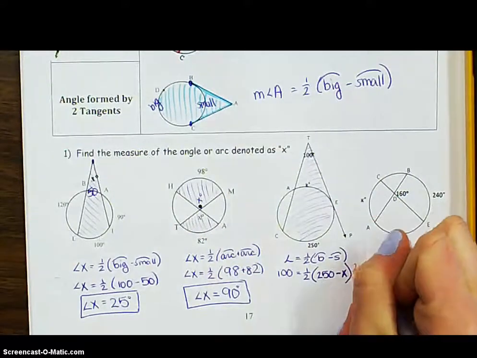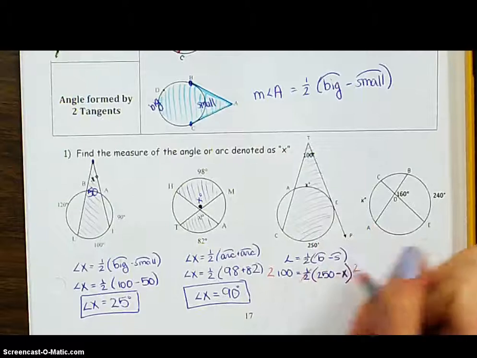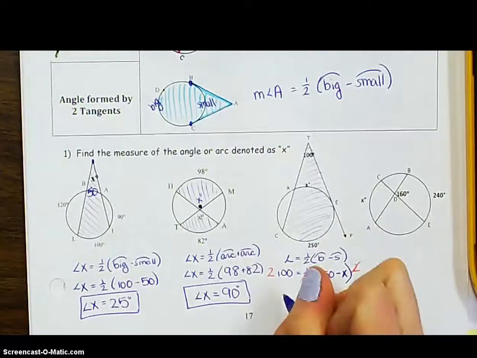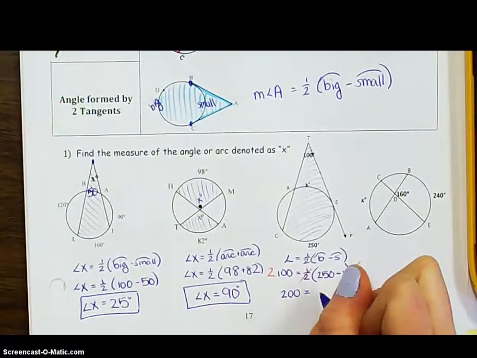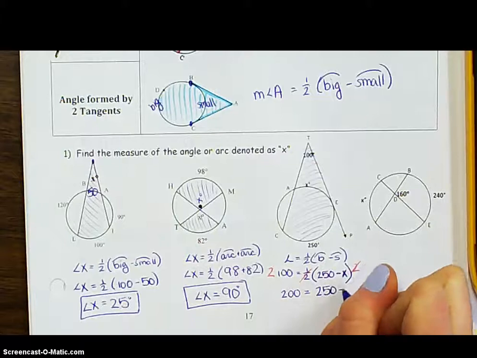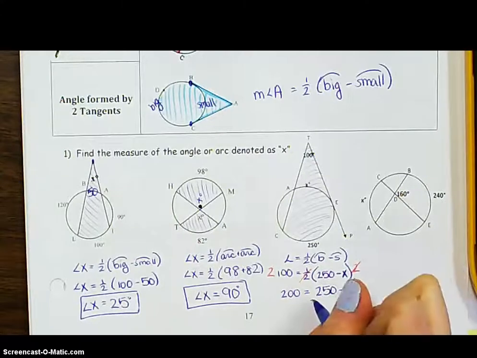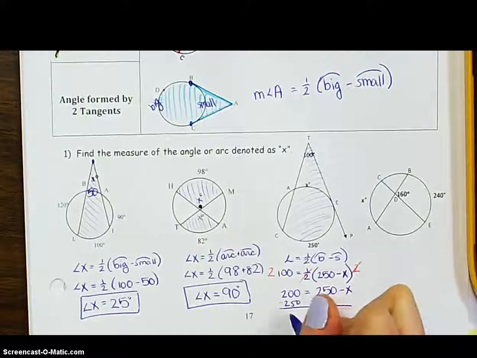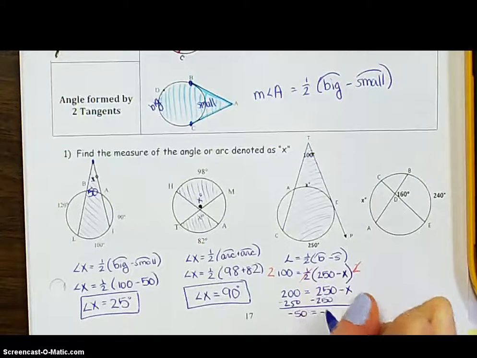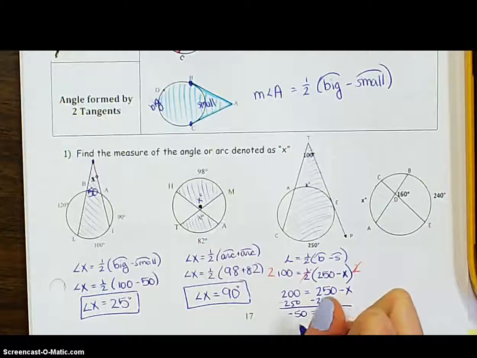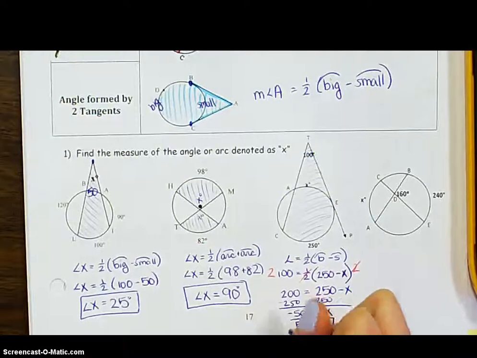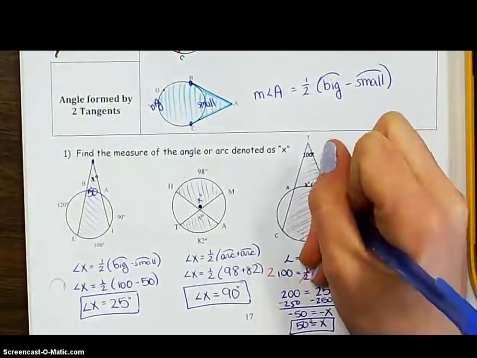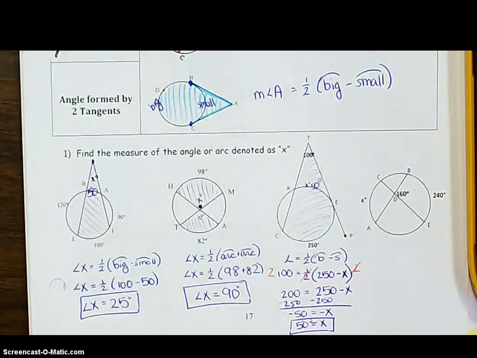The first thing I'm going to do is multiply both sides by 2, because then the 1/2 and the 2 are going to cancel. Now I get 200 is equal to 250 minus x. Then I can subtract 250. I get negative 50 equals negative x, which means divide by negative 1, and x is equal to 50 degrees. So that missing arc here would be 50 degrees.